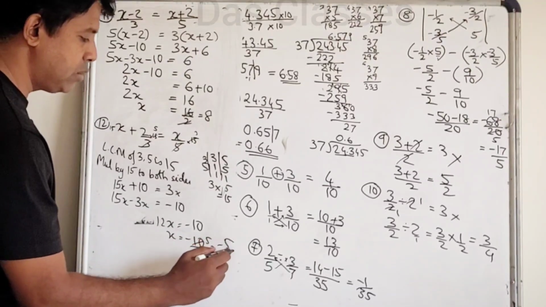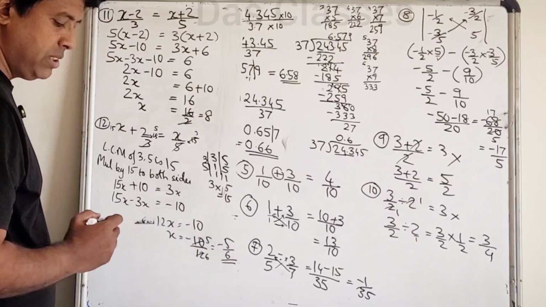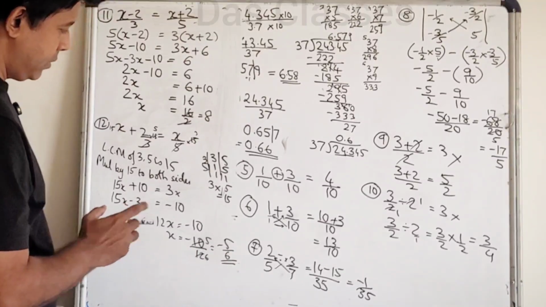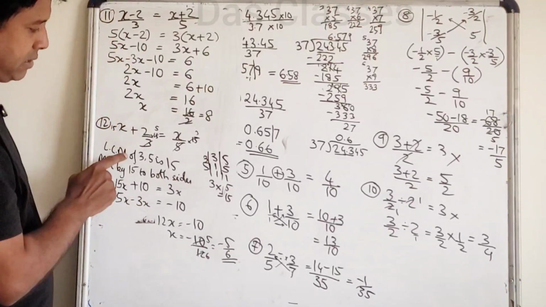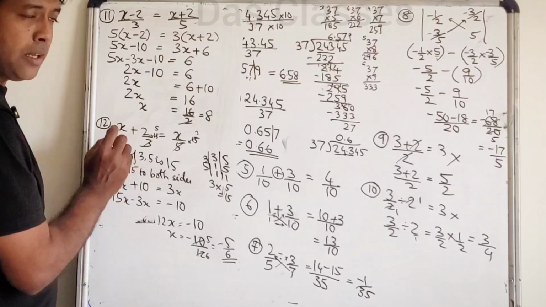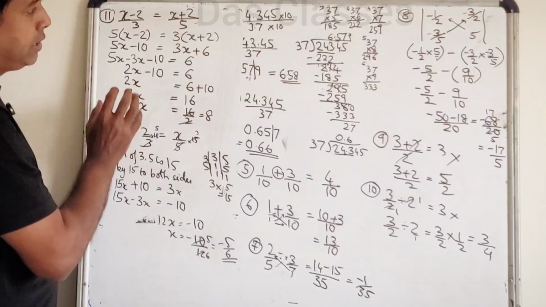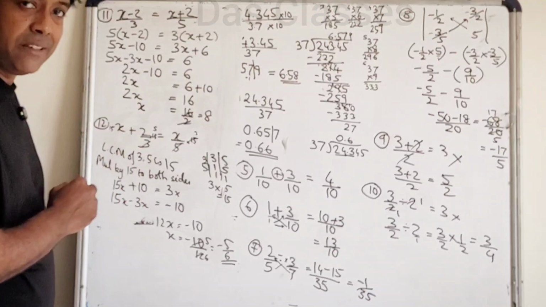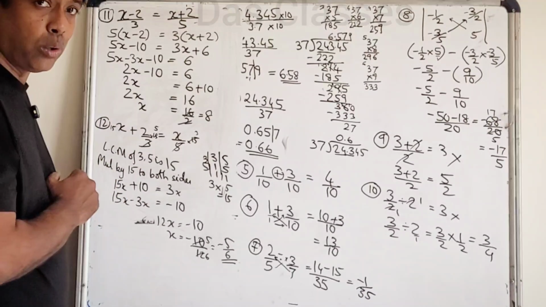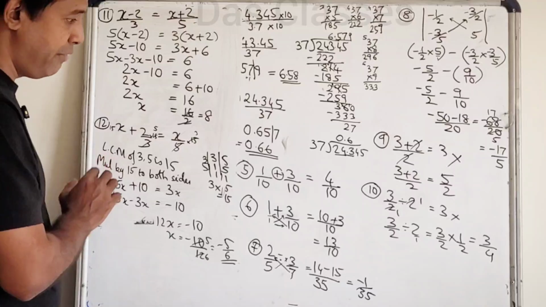So the final answer is going to be minus 5 upon 6. So see the difference in this sum and this sum. Although the difference is minor, as the difference is not known by many students, they try to solve both the sums in the same way and they'll end up doing it wrong. So try to understand the difference, okay?